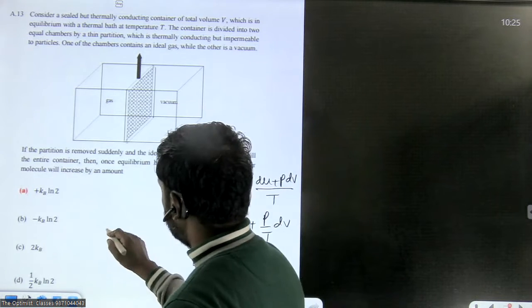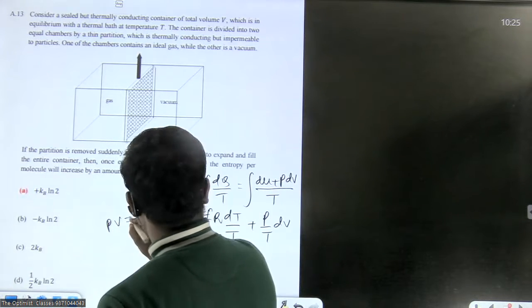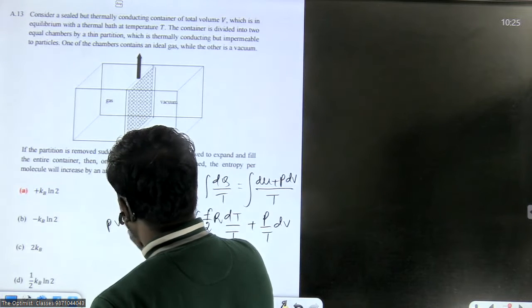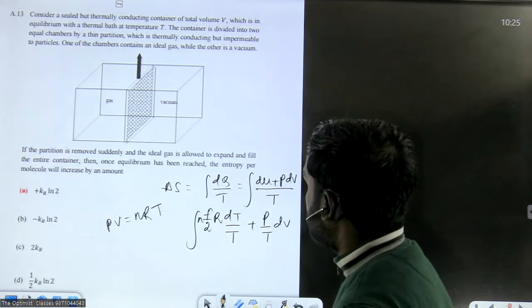So using the ideal gas equation, we have pV equal to nRT.